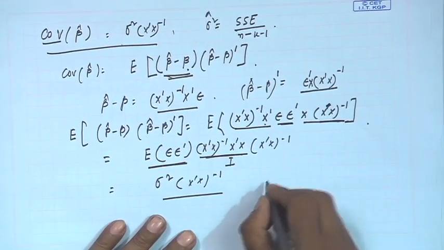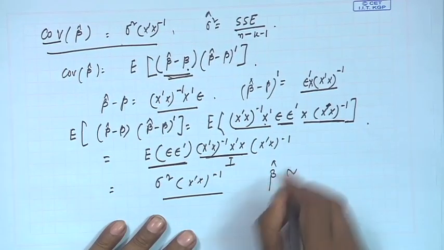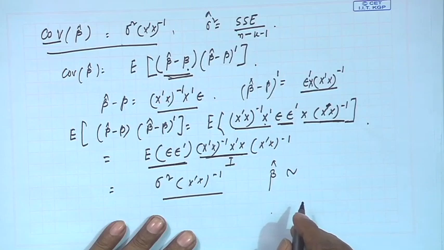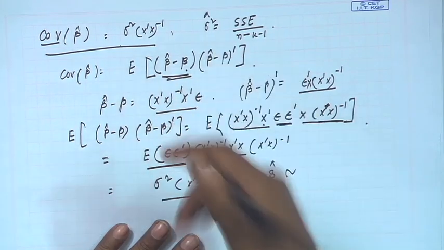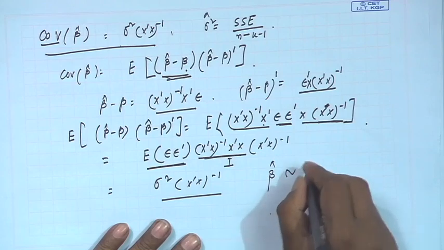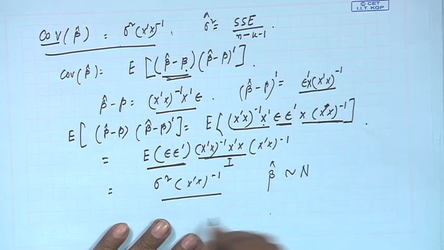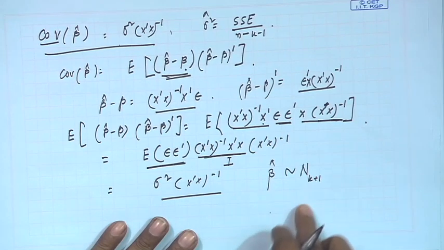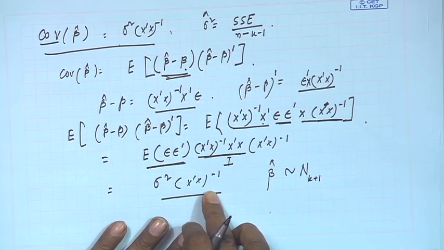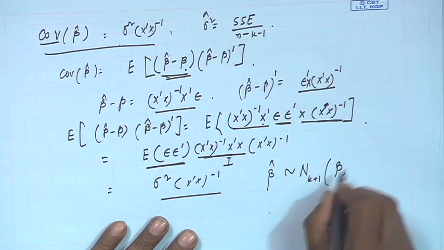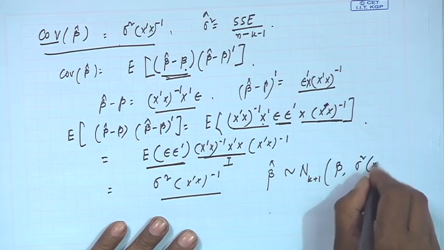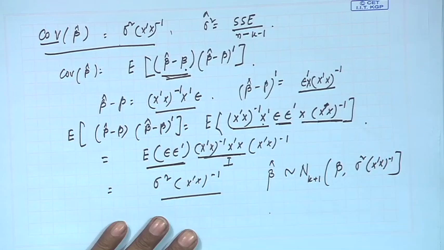So, that means essentially beta cap will be multivariate normal, because there are so many, and there are k plus 1 number of beta values. Its expected value is beta and its covariance matrix is sigma square (X transpose X) inverse.